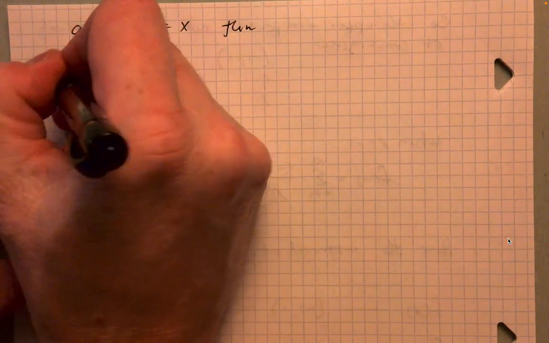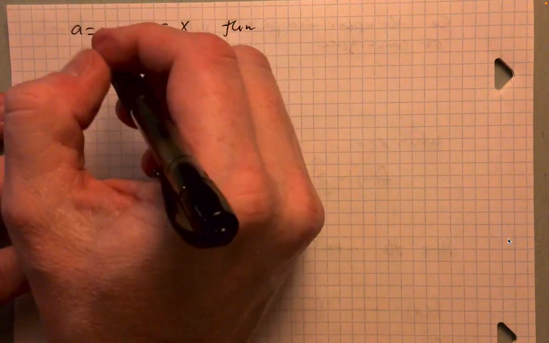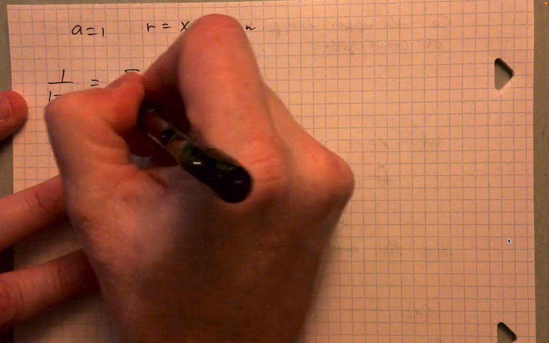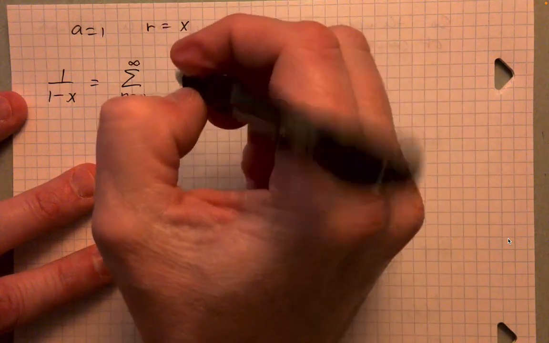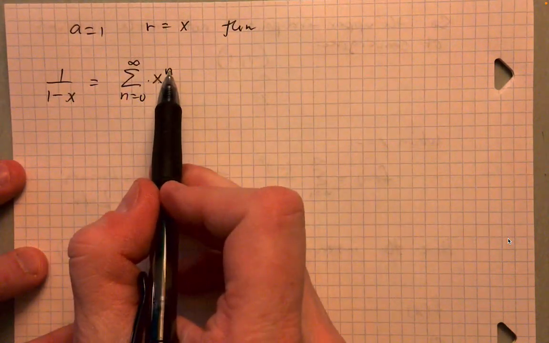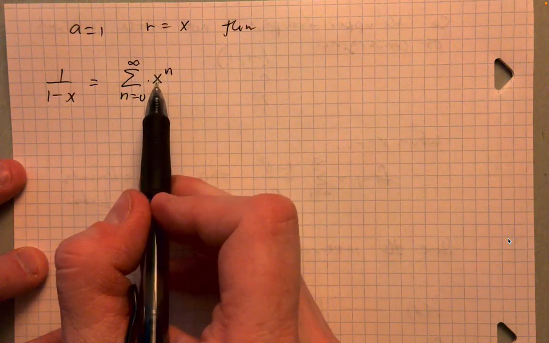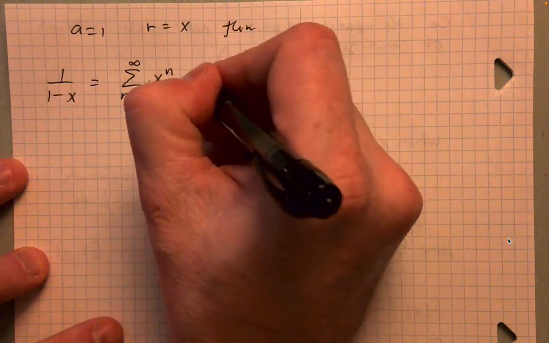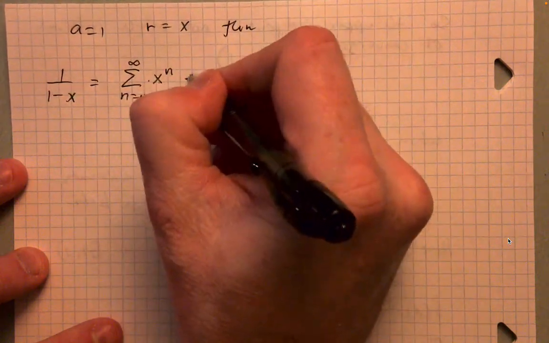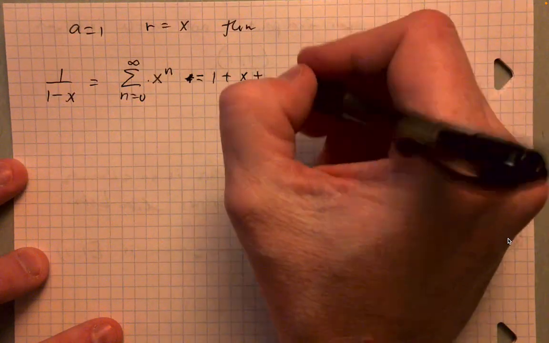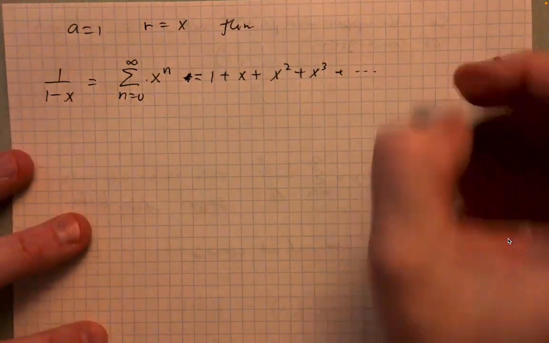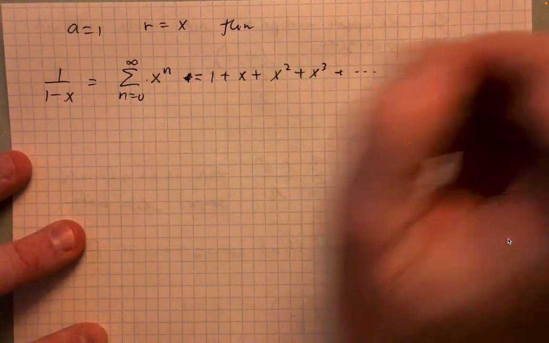Then 1 over 1 minus x is equal to the sum from n equals 0 up to infinity of x to the n. So this would be like your r to the n. That's equal to 1 plus x plus x squared plus x cubed plus dot dot dot. And this is of course only where the absolute value of x is less than 1.